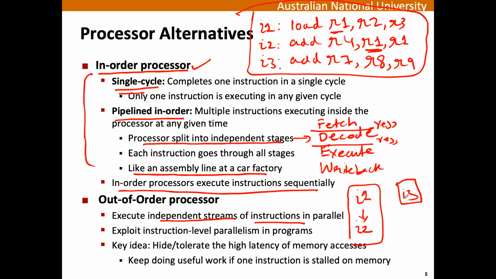It will put I1 and I2 somewhere in a buffer. It will put I3 somewhere, and it will tell the functional units, ALUs, arithmetic logic units, whatever: here are the dependencies. You can execute I3 whenever you want, and execute I1 whenever you want, but don't execute I2 before I1.